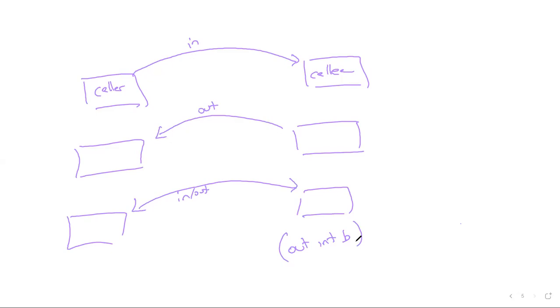What that means is that data is not being passed in, but what we're passing in is a box to be filled by the function and then passed back out. And notice again, I am not talking about the return value, but rather I'm talking about the parameter list. Okay, so that's our out semantic model.